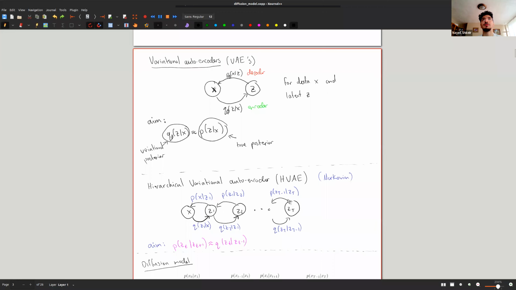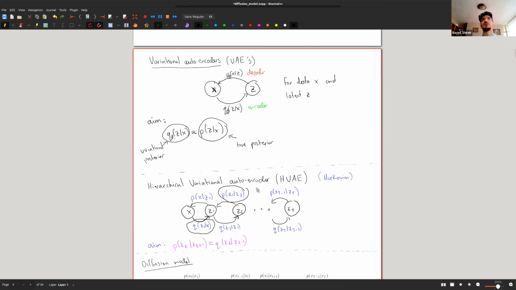Then you again have your decoded part, just like in the VAE. And again, the aim here would be to match the posterior of this encoder to that, so you'll be trying to minimize this difference in distributions.